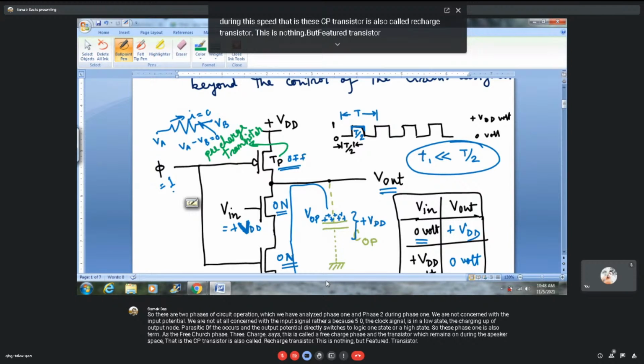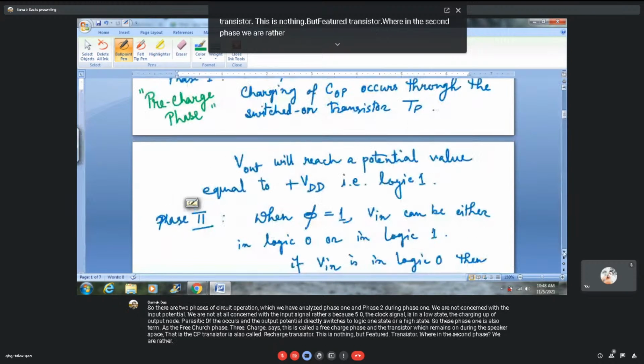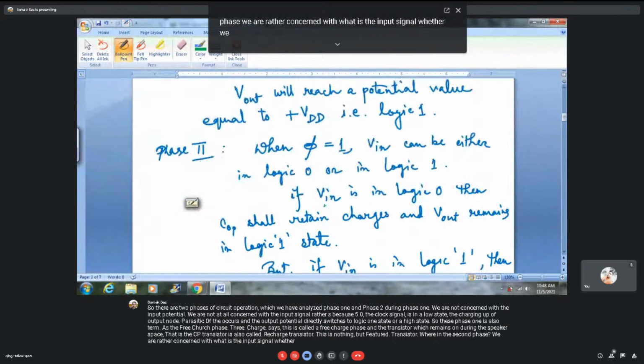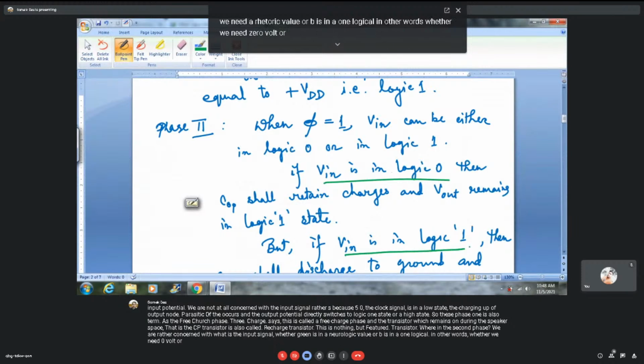Whereas in the second phase, we are rather concerned with what the input signal is, whether Vin is in a 0 logic value or Vin is in a 1 logic value. In other words, whether Vin is 0 volt or Vin is plus VDD amount of potential. This consideration we do only during phase 2.